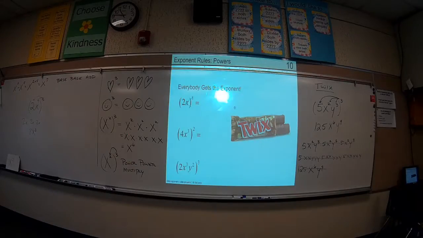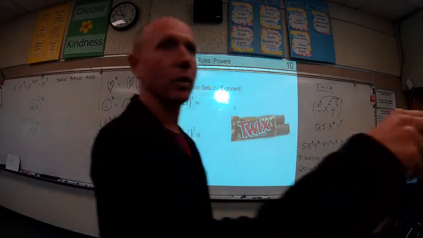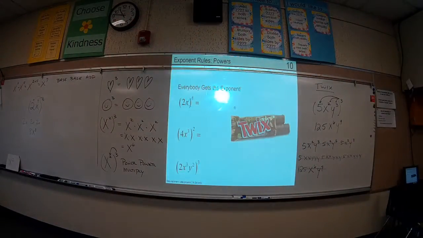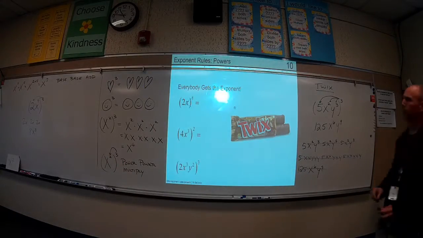Good, good. No, 4 squared is equal to 4 times 4. You can write that. This is 4 squared. Write this down. You're doing 4 squared. Good, good, good. Okay, Ganter, come on up.